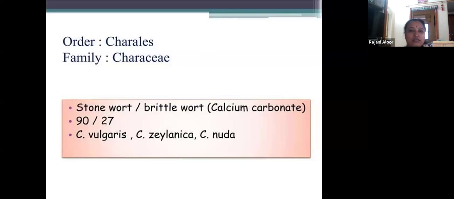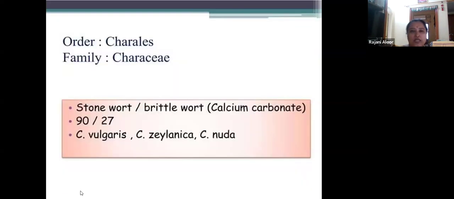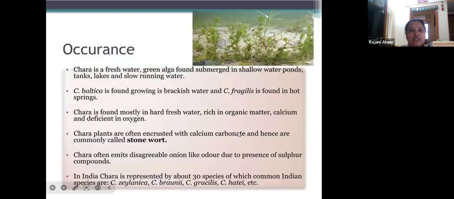That is the main important point. Coming to the examples, examples are also most important. Chara vulgaris, Chara gelaneca, and Chara nudea are the best examples for CHARA. Next, the occurrence. CHARA is freshwater. All Chlorophyceae members are freshwater.